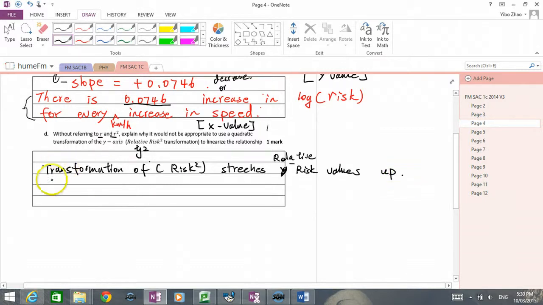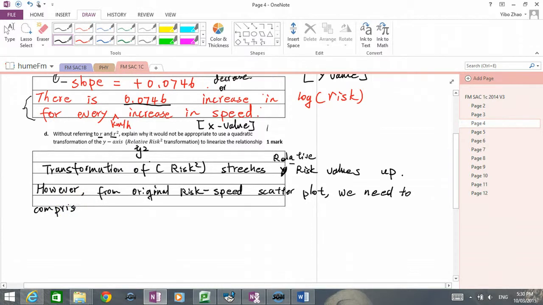However, from the original XY scatter plot of risk and speed, we need to compress the y value, the risk value, which is opposite to what we want.